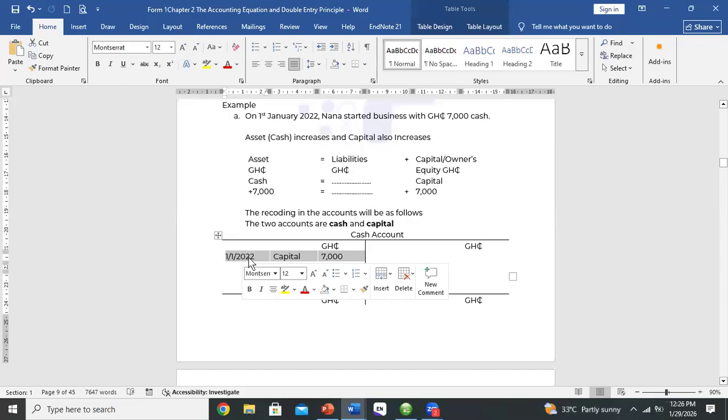Now, here is the details. The details is the corresponding account. When I say corresponding account, in the transaction, we saw that it is capital and what? Cash. So in the cash account, the corresponding account will be what? Capital. And then in the capital account, you do your credit on the right side. So let me show that to you.